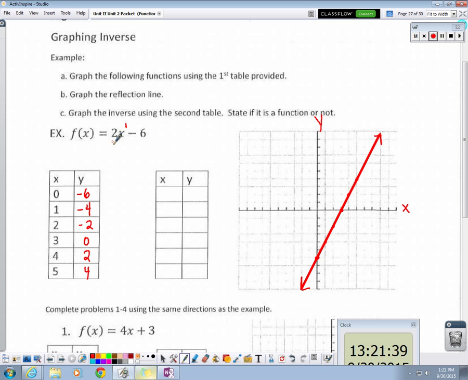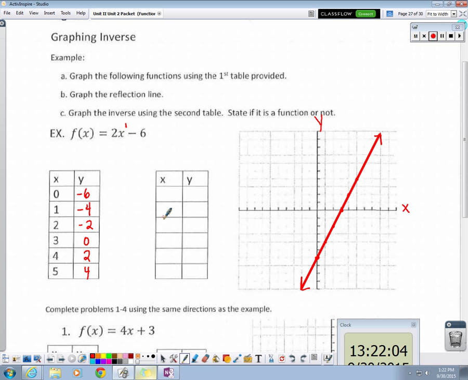Anytime you have an equation in y equals mx plus b form, meaning that your largest exponent is a 1 right there, it's a linear equation and it's going to form a straight line. Okay, so that is the graph of 2x minus 6.